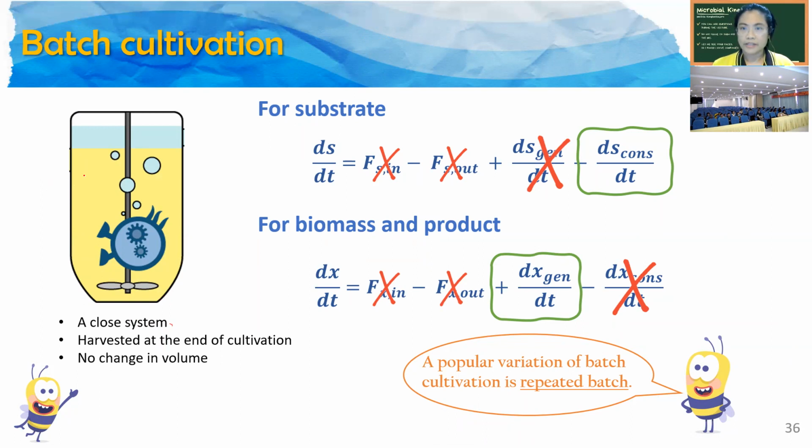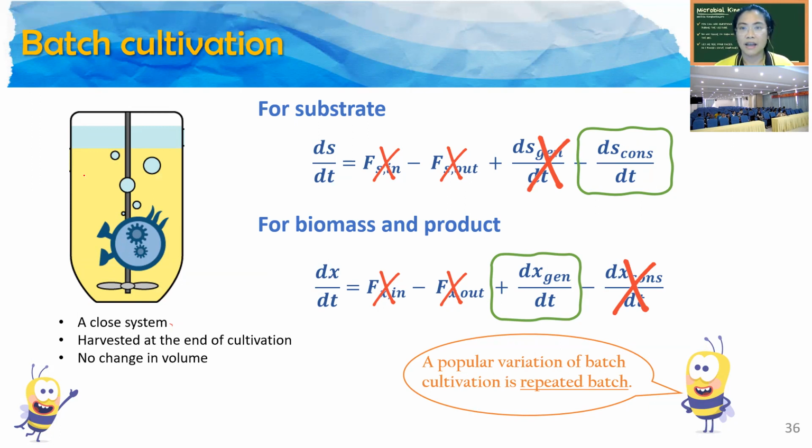You put everything in the fermenter at the beginning and let everything go until the end of fermentation, and then you harvest your product or your cells once at the end of the cultivation.